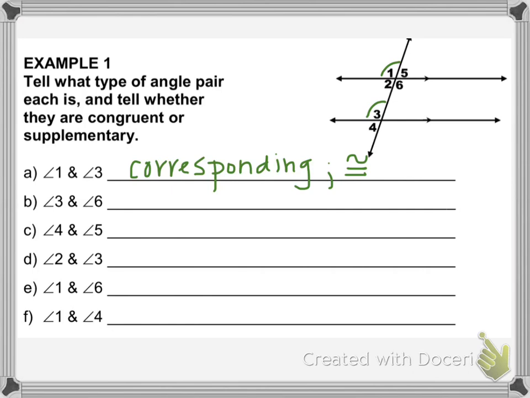All right. Next, angle 3 and angle 6. I'm going to use some different colors here. Angle 3 and angle 6, those are alternate interior angles. They are on different sides of the transversal, and they're both in the interior. They're between those 2 parallel lines.